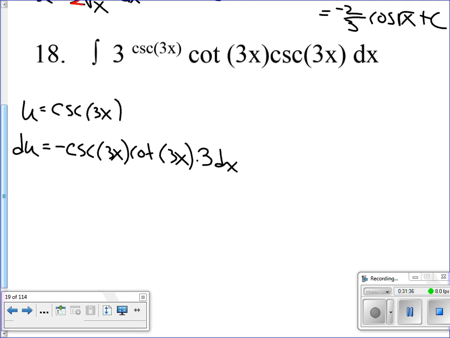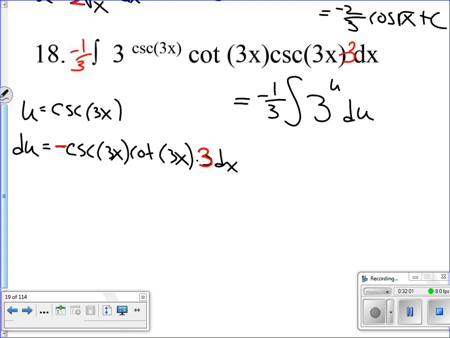So when I look up here, I see we're not only missing the 3, we're missing the negative 1. So we've got to multiply somewhere in here by negative 3, and then on the outside by negative 1/3. So now when we rewrite this, we've got negative 1/3 times the integral of 3 to the u du.